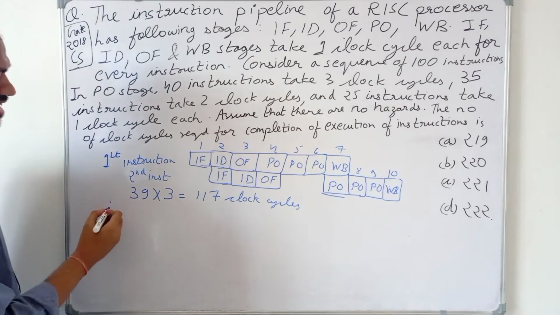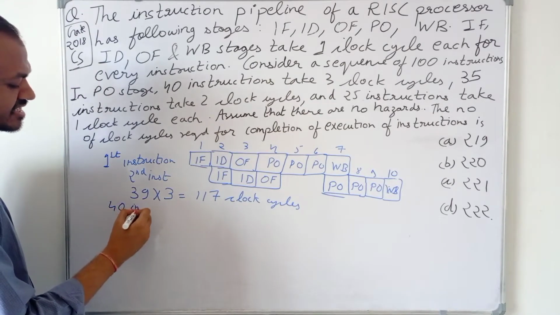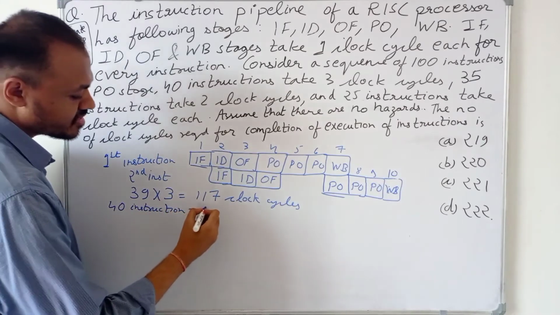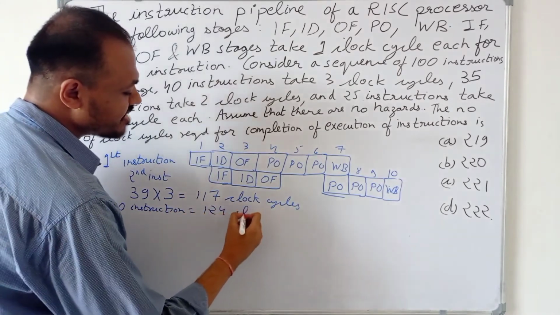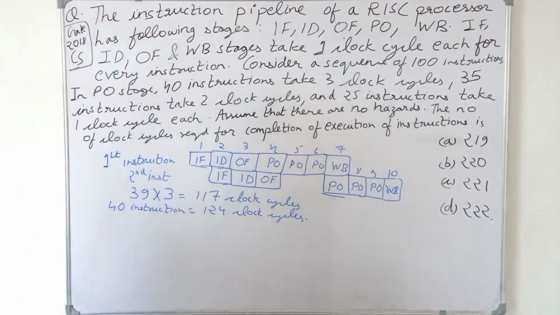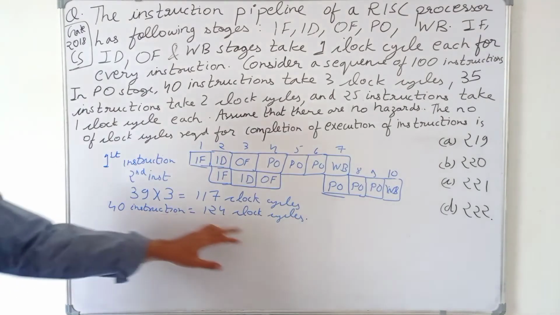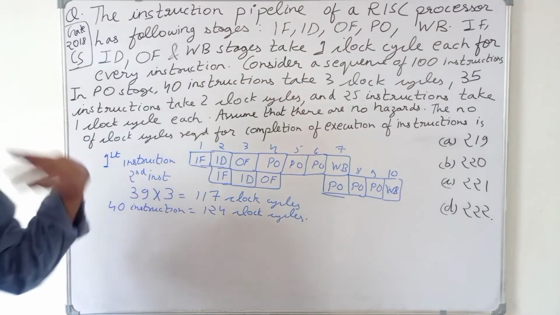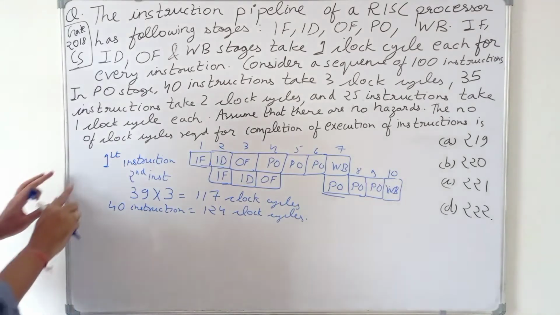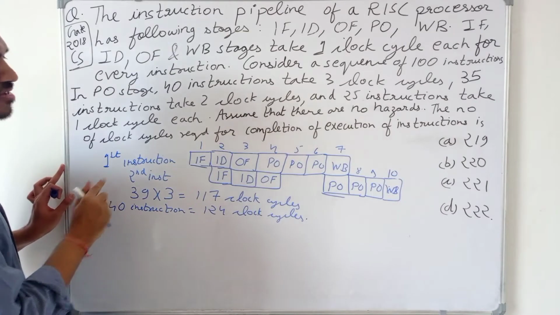So the first 40 instructions will be completed in the 124th clock cycle, because for the first 40 instructions every other instruction is taking 3 extra clock cycles. So the 40th instruction will be complete in the 124th clock cycle.